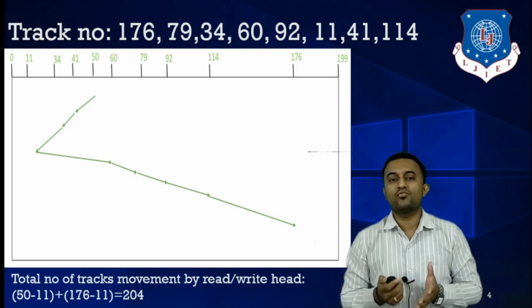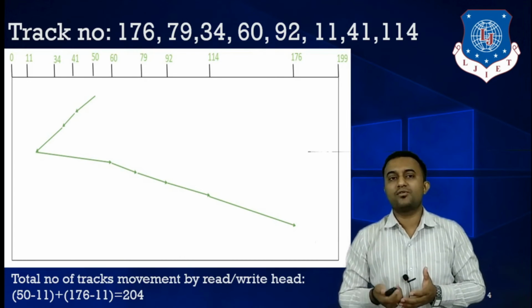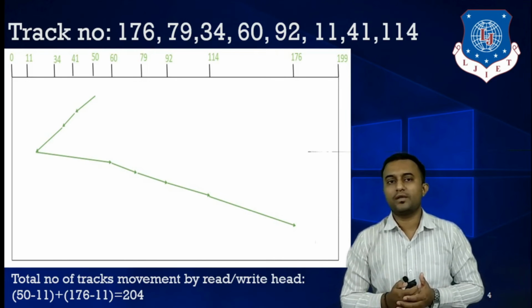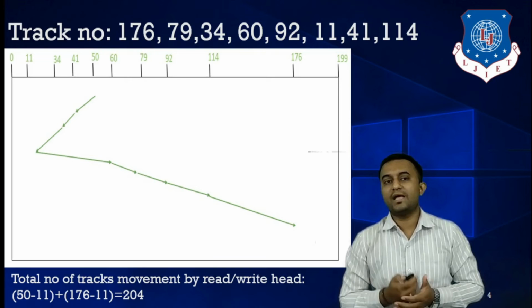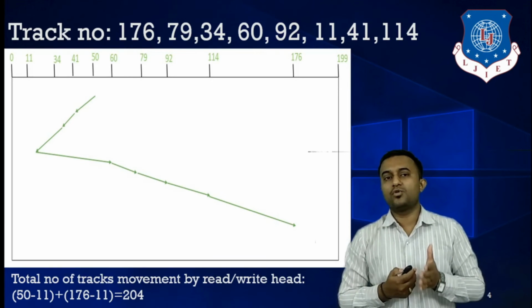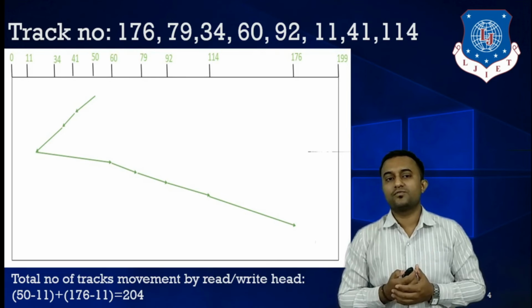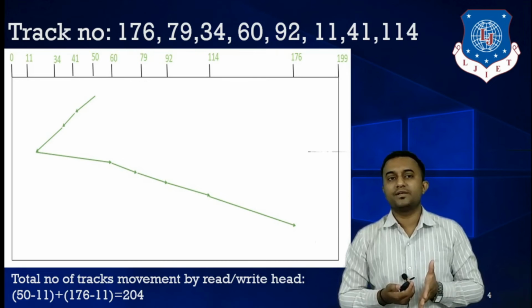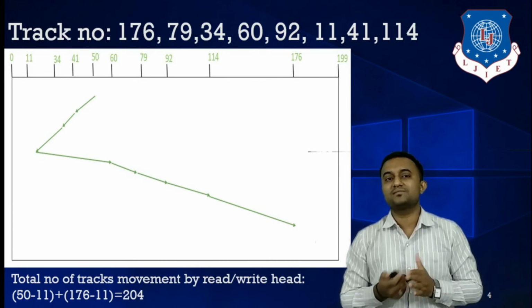The total track movement by the read write head, you can easily calculate: we started the journey from 50, so 50 minus 11, because you need to reach the last point in a particular direction, plus 176 minus 11.